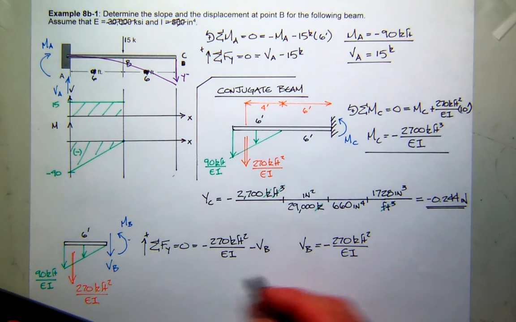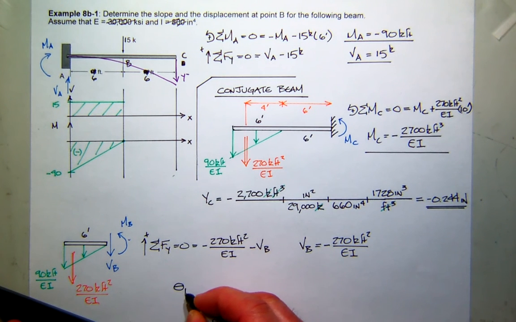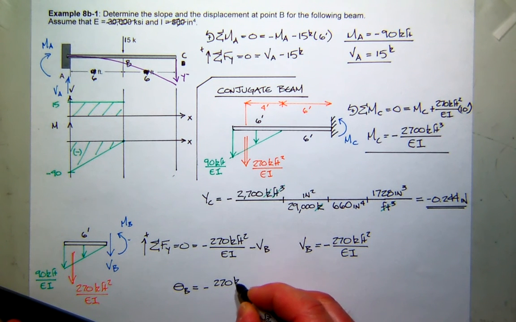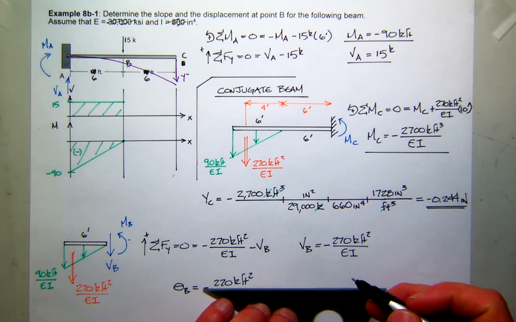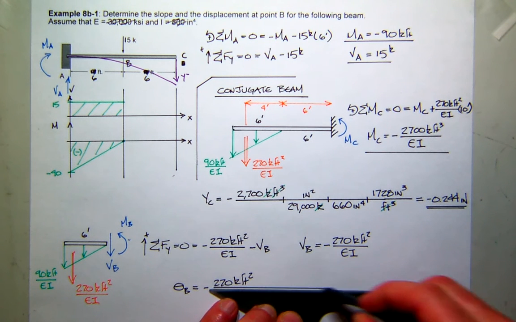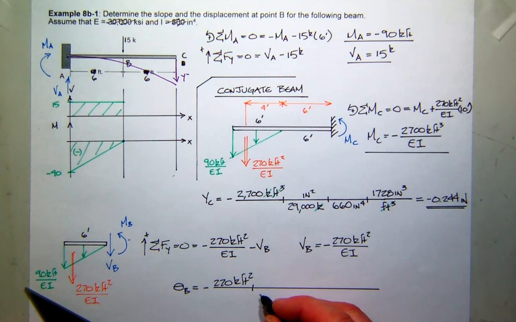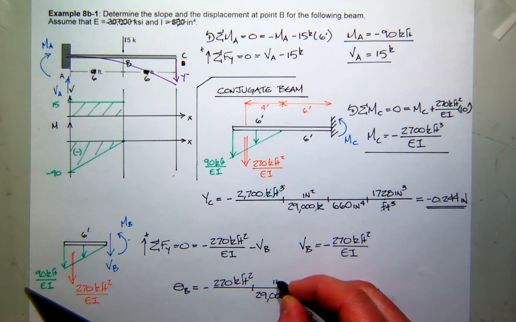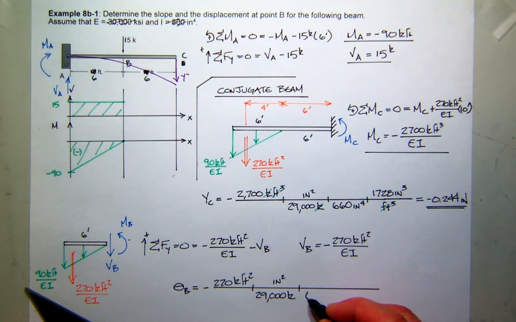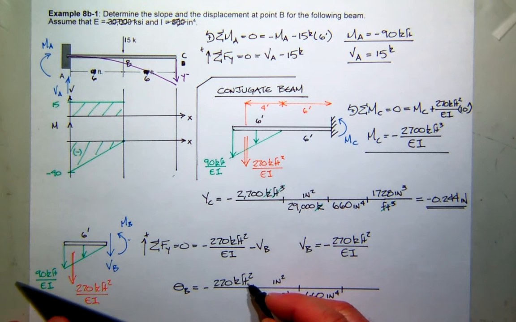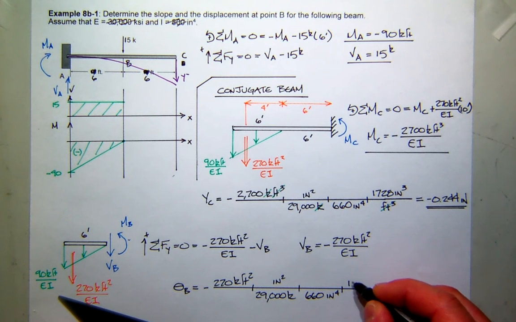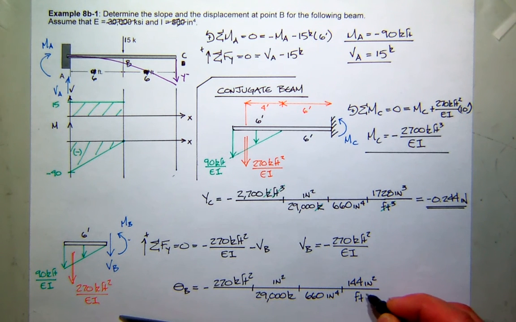So to actually calculate a value, my slope at B in the real beam will be that 270 kip feet squared, and now we'll divide it by E, which my E value is 29,000 kips per inch squared, and my I value was 660 inches to the fourth. But now I have feet squared, so there are 144, or 12 squared, inches squared in a foot squared.